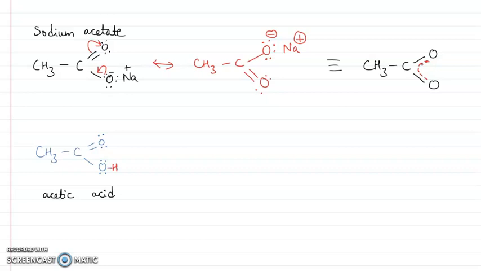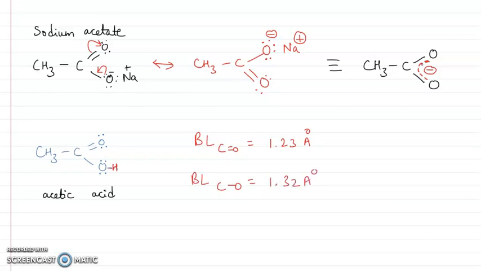And both the oxygen has negative charge. There is only one negative charge that is shared between both the oxygen atoms. So the CO bond lengths are equivalent. And it is not in case of acetic acid. Here, if we see the bond length of C double bond O, it is 1.23 angstrom, and bond length of C single bond O, it is 1.32 angstrom.